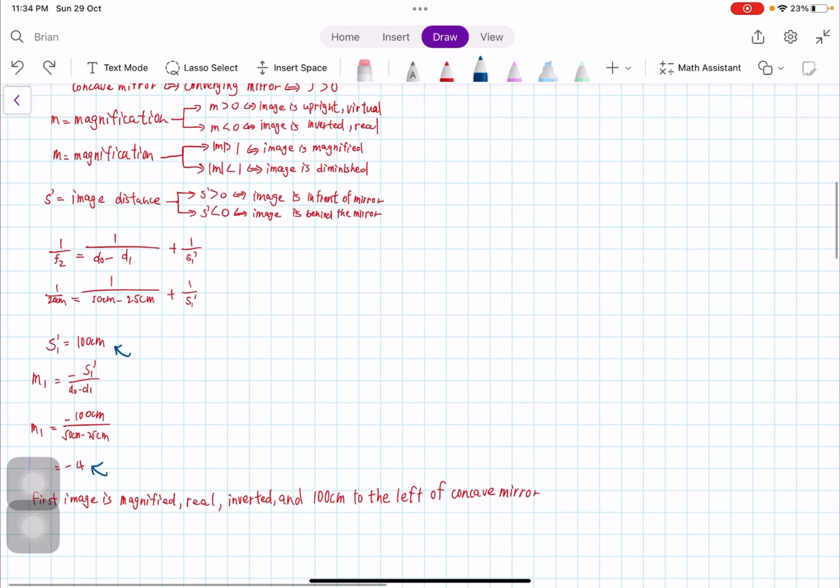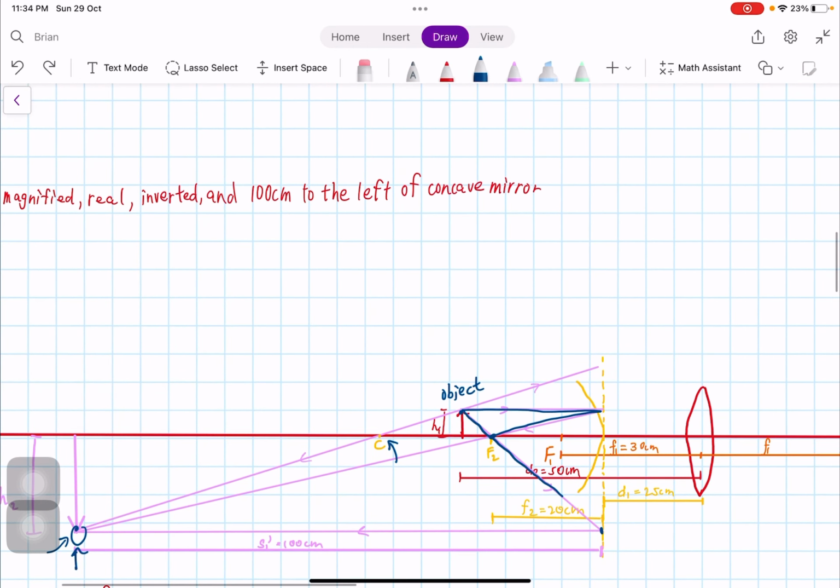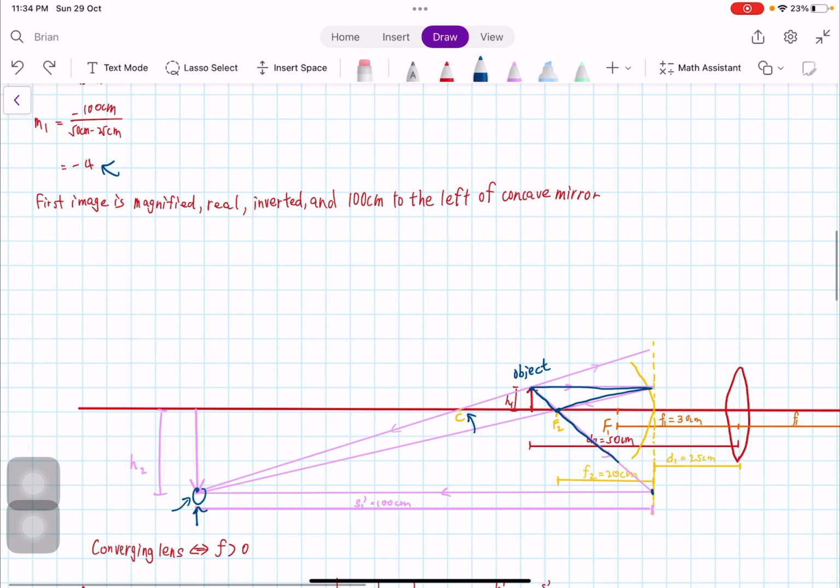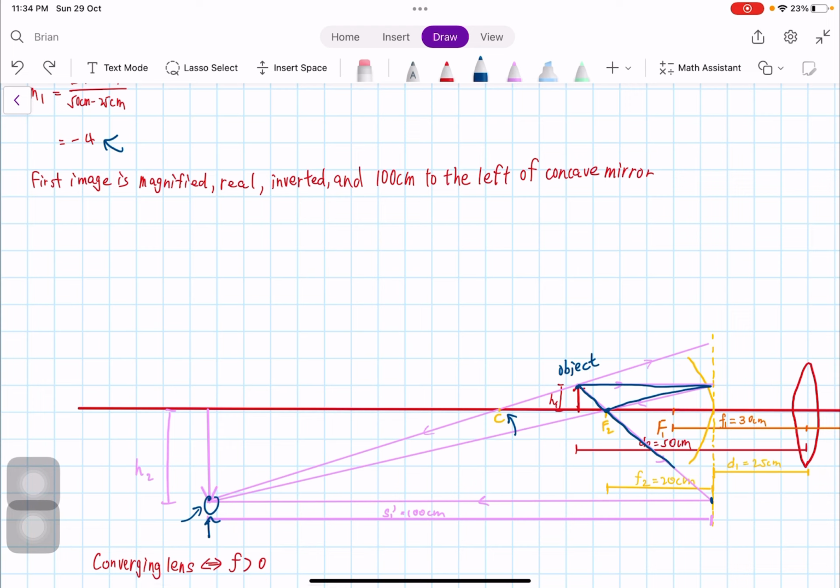One point to note is after I finished drawing this ray diagram, you could see the image falls on the same side as the object, so we conclude it is to the left and it is real. We could see the arrow is pointing downwards for the image, so it is inverted, and it is larger, so it is magnified.